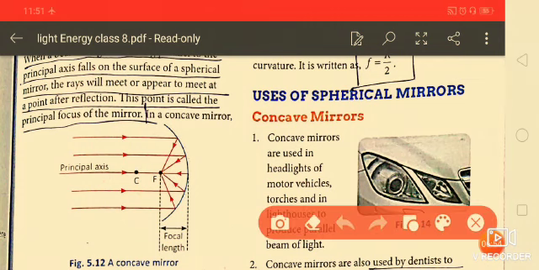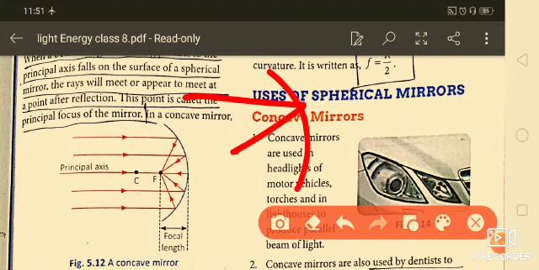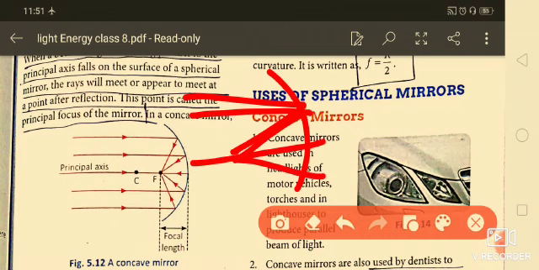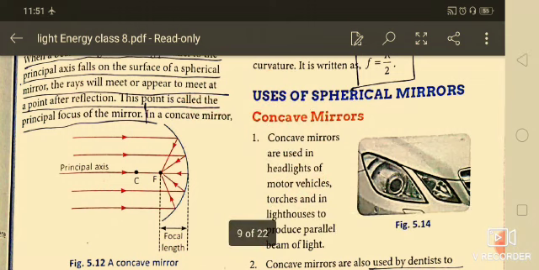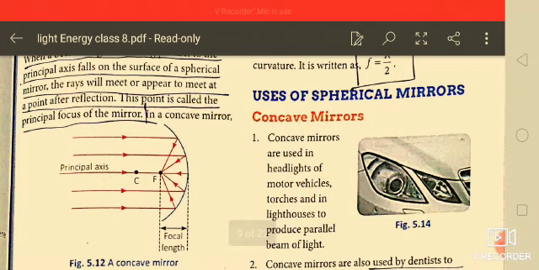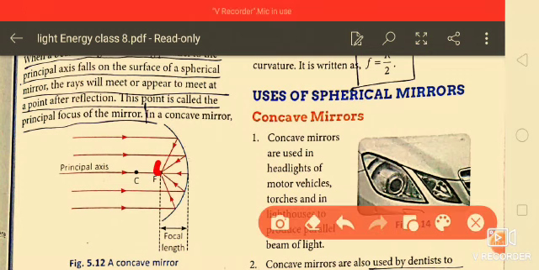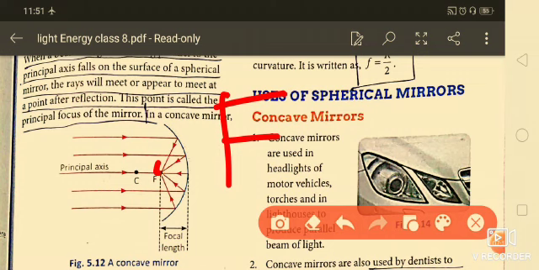When it reflects, the light will meet at a point. This point is called the principal focus and is denoted as F.